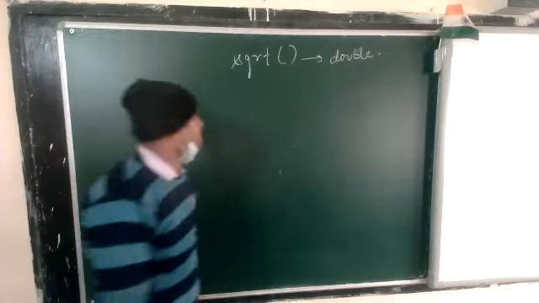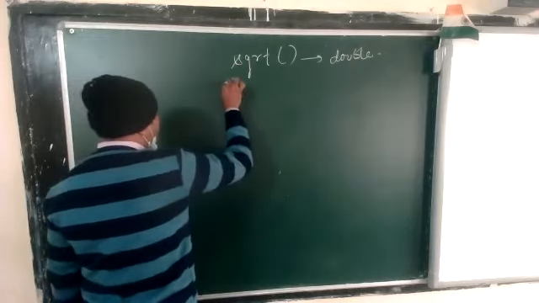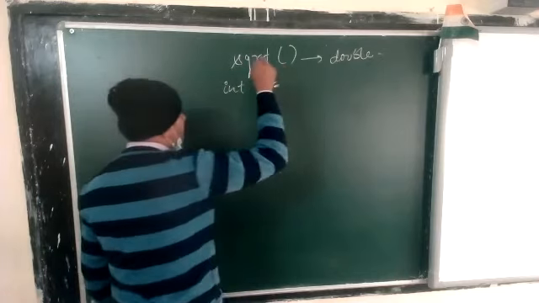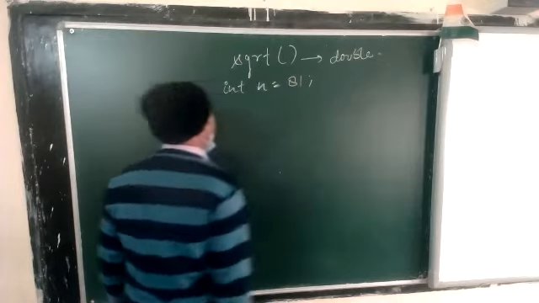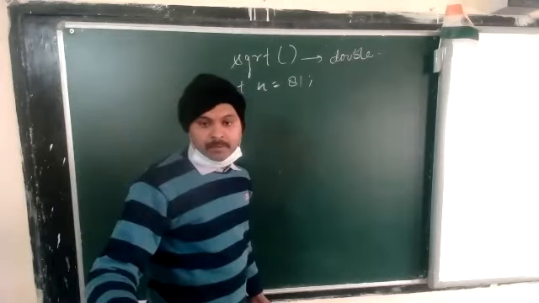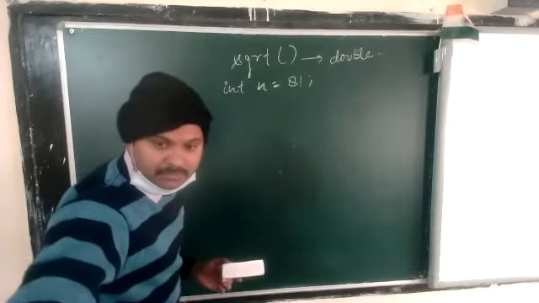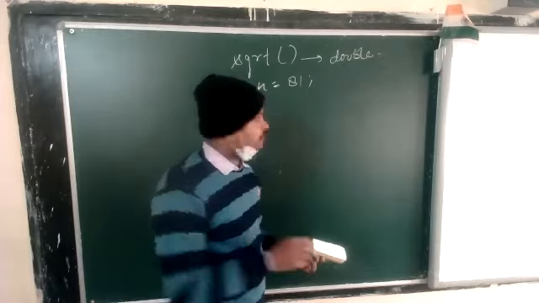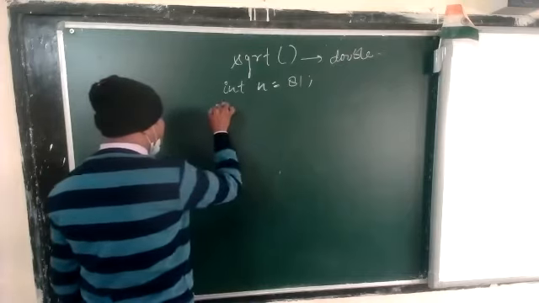For example, if you want to calculate in the same way, you can write a variable int n equals 81.